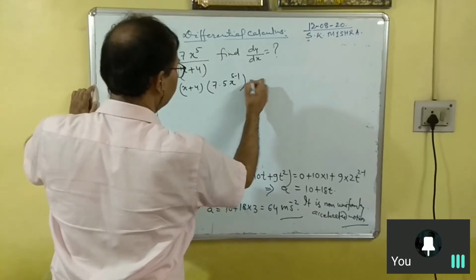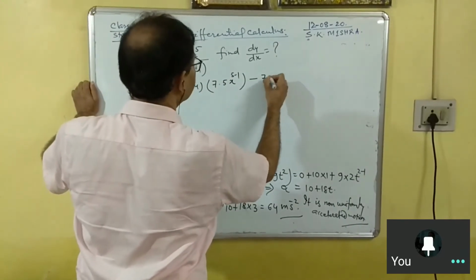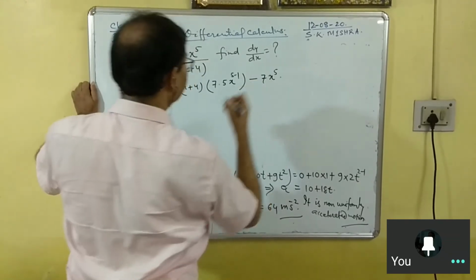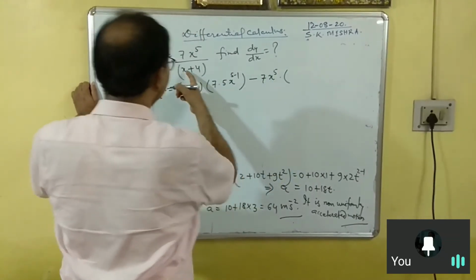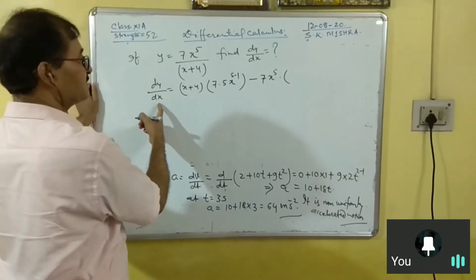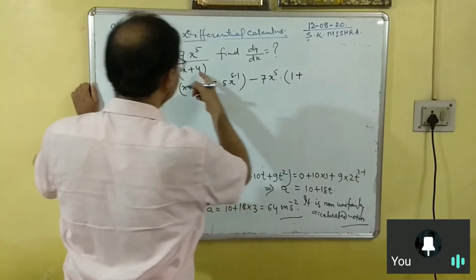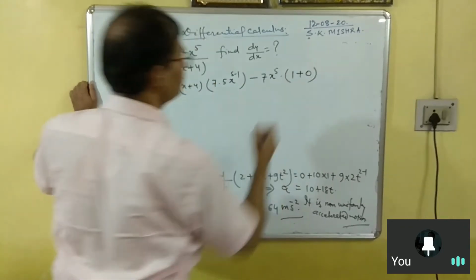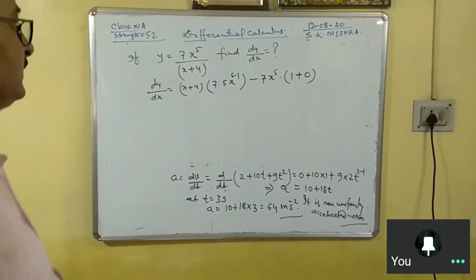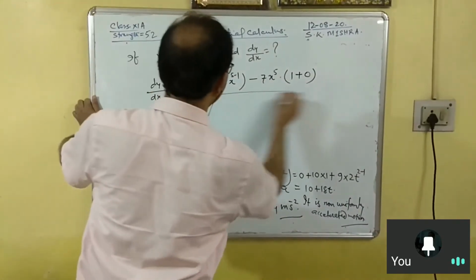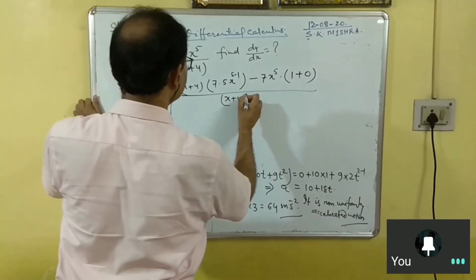Then put a negative sign and then write the numerator first, 7x5, and then differentiate the denominator. Differentiation of x is 1 plus differentiation of 4 is 0. Then divided by denominator square, x plus 4 whole square.